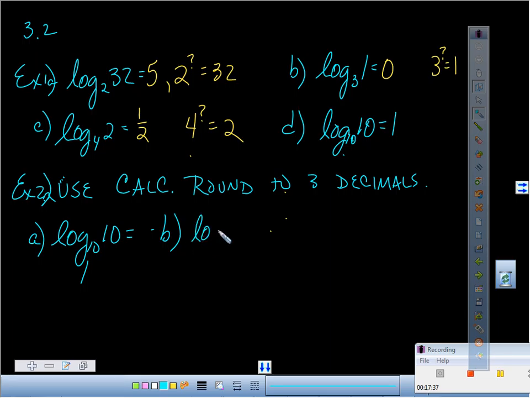Log of 2.5. You press log 2.5. Is there an easier way to get there? Okay? Alright. Math alpha.